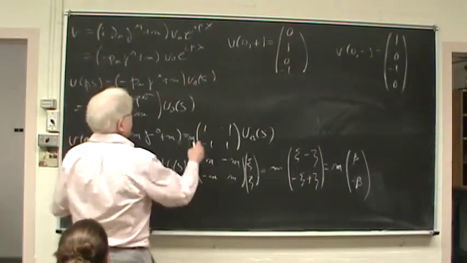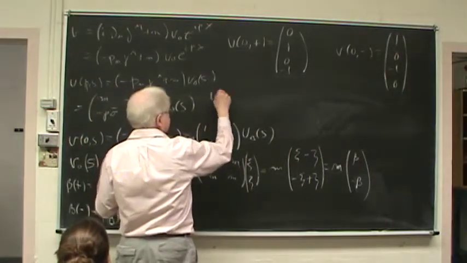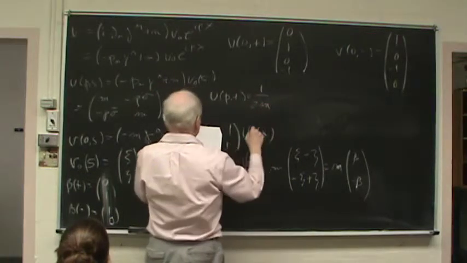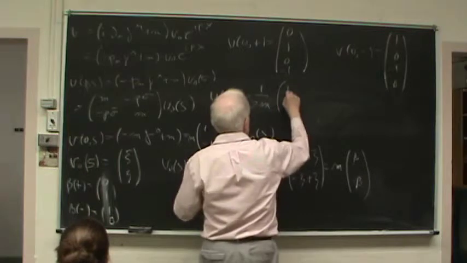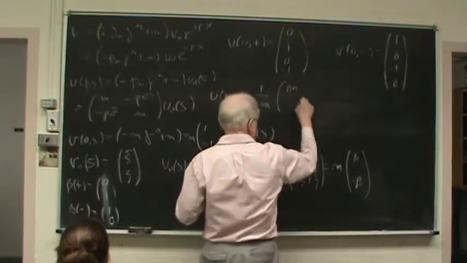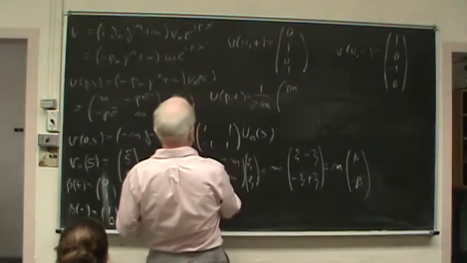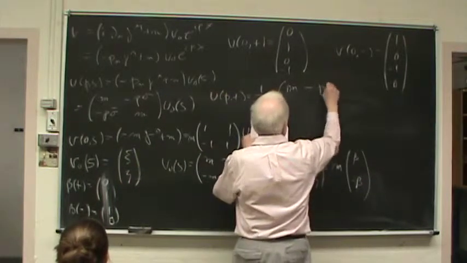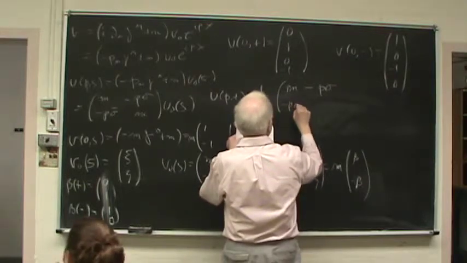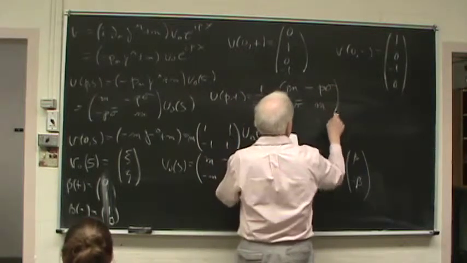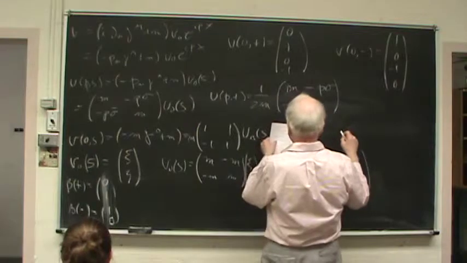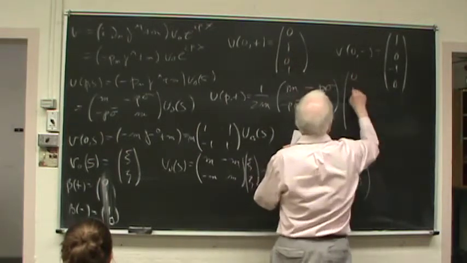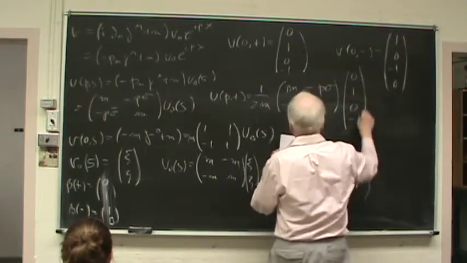Okay, so what do we have then for v of p plus? Well, we'll have 1 over 2m, m minus p dot sigma, or in the Lorentz sense, minus p sigma bar, in the Lorentz sense of m, and then we have these two betas, and I can just rewrite that since it's the plus 0, 1, 0, minus 1.